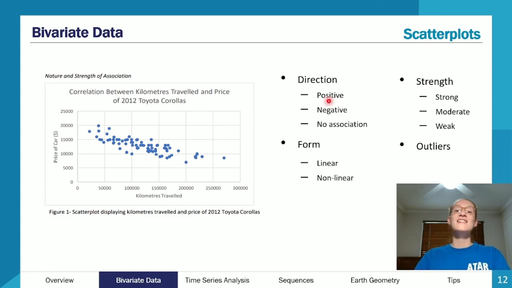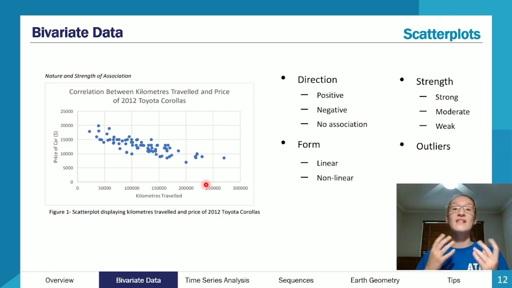And yes, there are. It might have come to mind with the direction when we calculate an R value. An R value, a Pearson's correlation coefficient, is positive or negative, and the sign tells us about the direction. So this, for example, because it does appear to be quite negative, I would assume that it's going to have a negative R value, and that could confirm for me that it is a negative relationship.